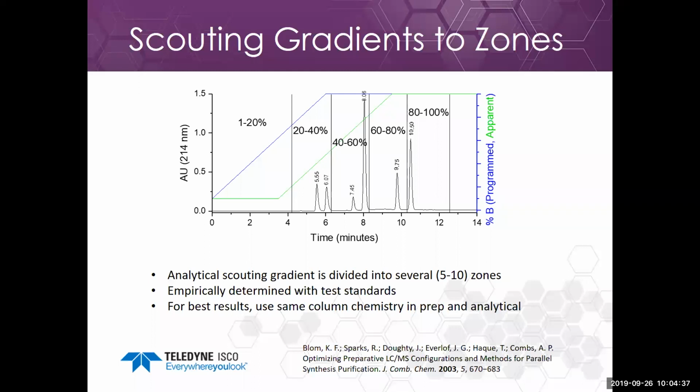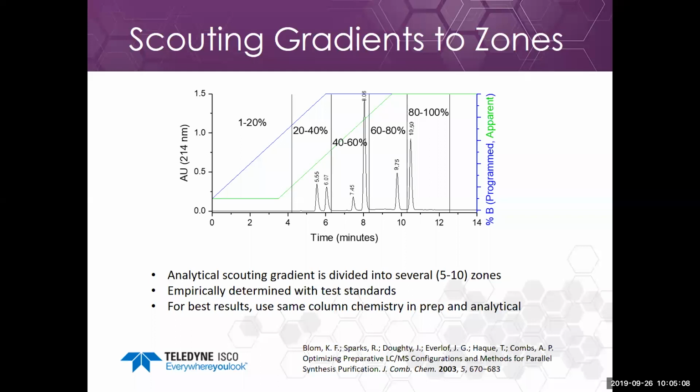One method that I very commonly see when I visit customers is this zone method. And the zone is very simple to use. It's actually very common. And the problem is that it's very fast to use as an end user, because you run your scouting gradient and the compound comes out at different places.